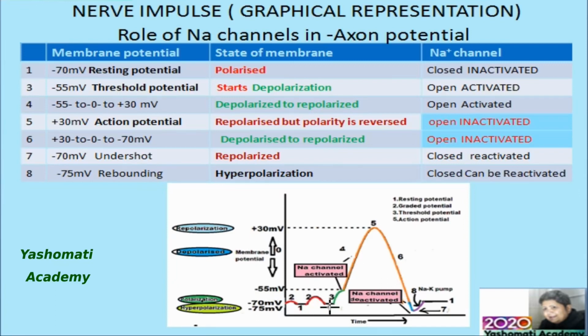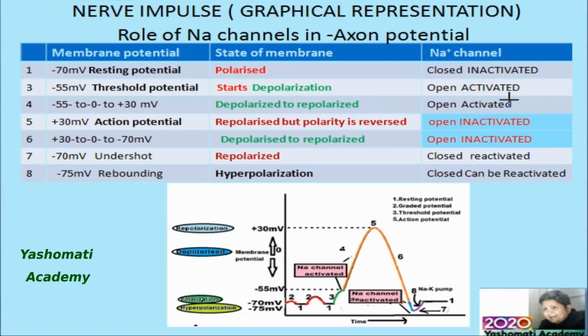So, what happens at the threshold potential? When the potential is at threshold potential, the membrane starts getting depolarized. Why? Because sodium channels open and get activated. That means at minus 55 millivolt, sodium channels which were previously closed now become open, and previously they were inactivated, now they get activated.